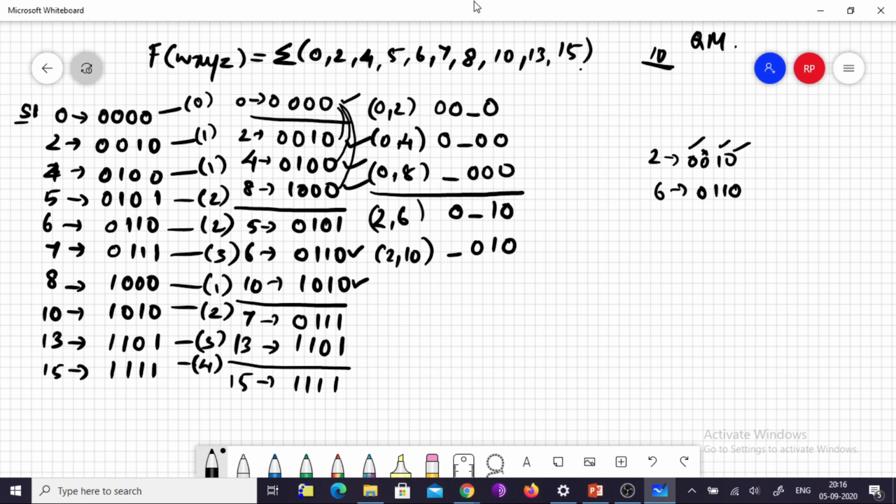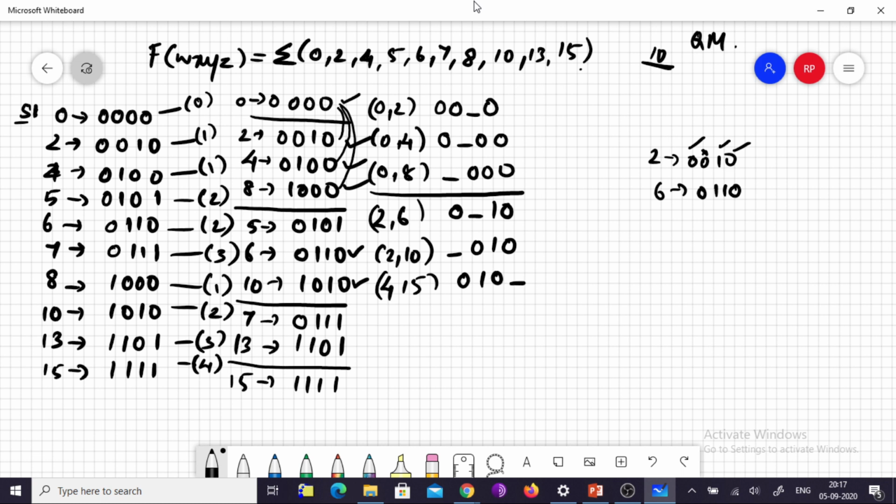Now comparing 4 and 5. The first element in the second set is over, and I'm going to take the second element in the second set and compare it with the third set fully. So comparing 4 and 5, they can form a proper group. 4 and 5 gives me 0 is same, 1 is same, 0 is same, and the last bit is changed. So it is 0, 1, 0, dash.